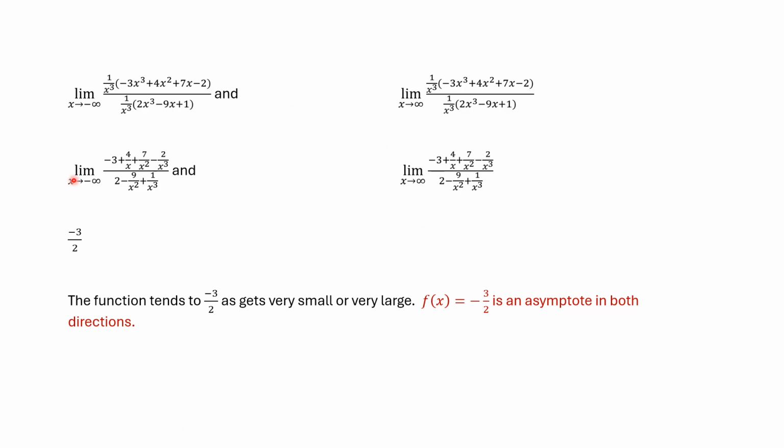So our limit here is negative 3/2, and our limit here is negative 3/2, and all these zeros, or almost zeros, just don't get involved. So negative 3/2 ends up being a horizontal asymptote in both the positive and the negative directions for this particular function.